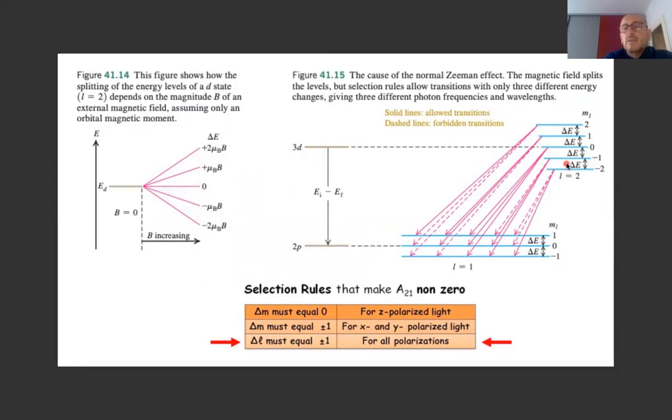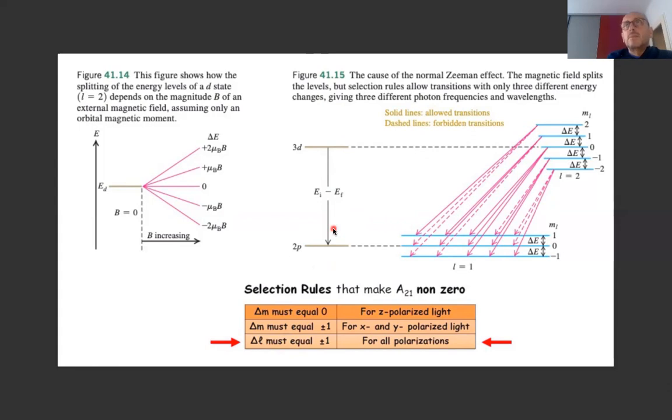In general, this is something that I have not discussed before, but there are selection rules. An electron can only make transitions emitting a photon if the difference in the M values is equal to 0 or plus or minus 1, and the L value has to change by plus or minus 1 for that optical transition to be possible.